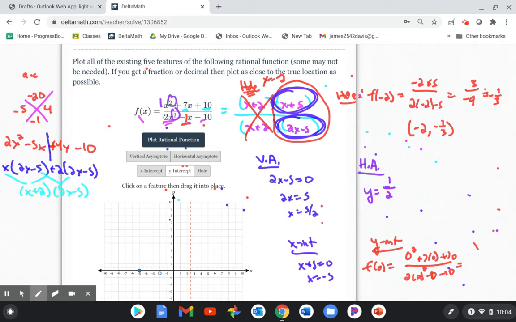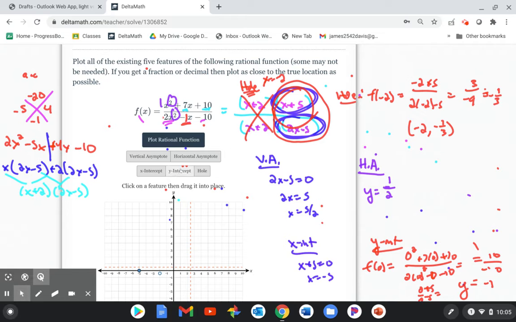And you'll see that you get 10 over -10, which is -1. You can also just plug it into the simplified version too. In that case, you would just get 0 plus 5 over 0 minus 5. So you would get 5 over -5, which is -1 as well. So y equals -1. That is our solution.